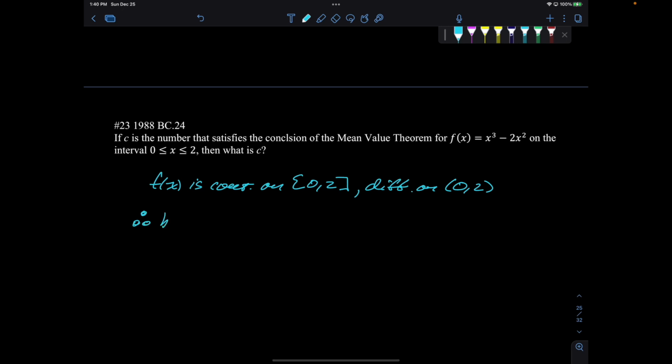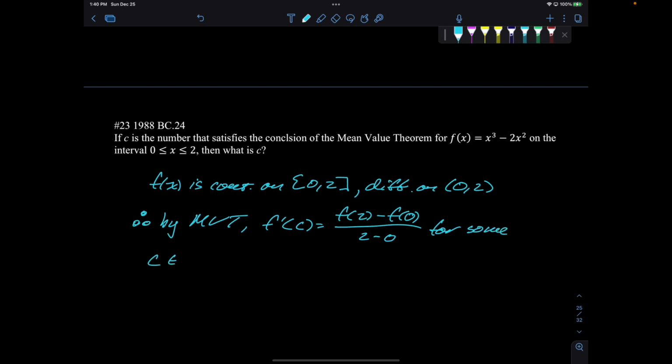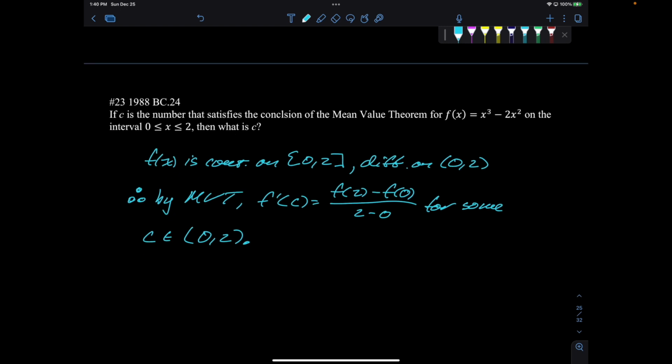Therefore, by MVT, f prime of c equals f of 2 minus f of 0 over 2, for some c that is an element of (0, 2). This is free response style. You would write this, and then you would just solve it.